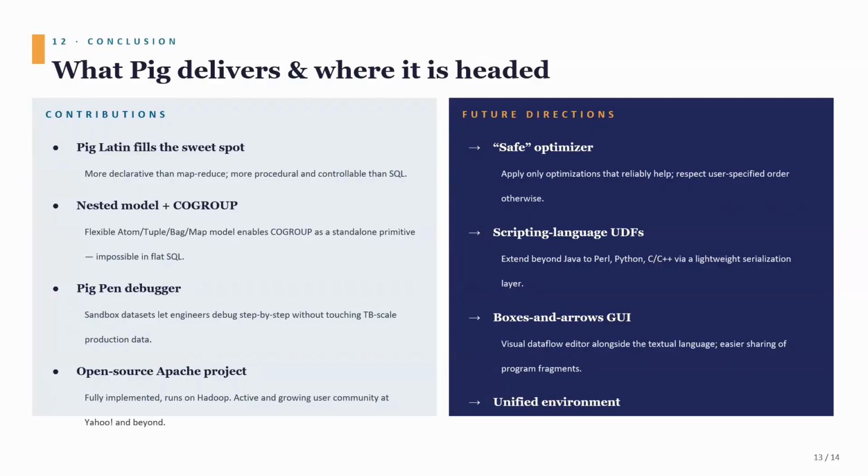Sandbox is an additional feature in Pig Latin. And the last one is that it is an open source Apache project, fully implemented, run on Hadoop, with an active growing user community. Overall, Pig supports bags, tuples, and maps likewise. So Pig is good for data analysts who handle big data.